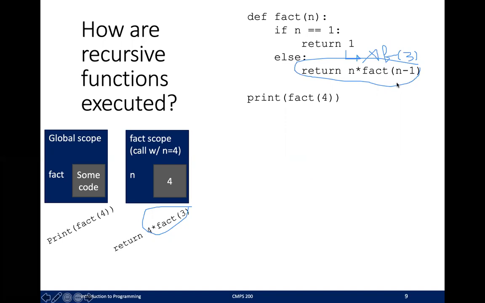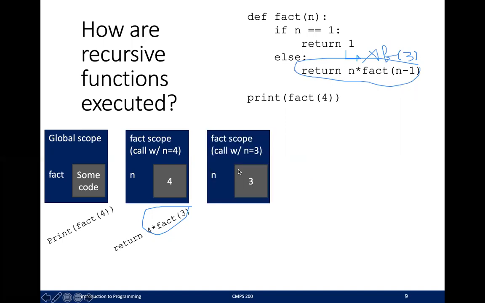So back, I called factorial 3. That means open another scope for the function, this time with n equal to 3. So I have a variable called n in memory with the value 3. It checks, is n equal to 1? 3 is not equal to 1, so it's going to return 3 times factorial of 2.